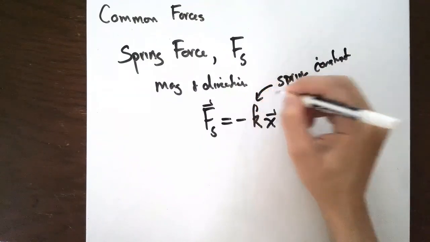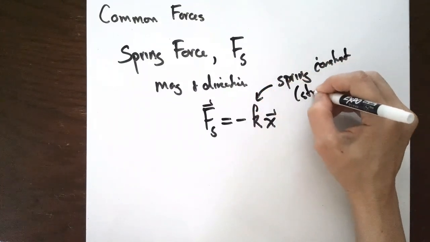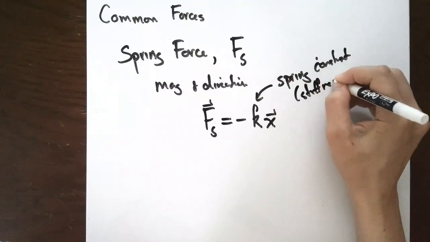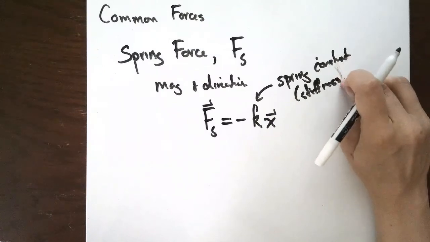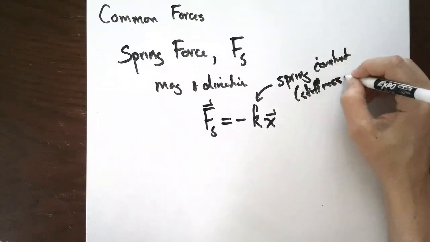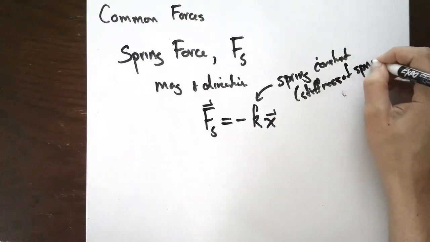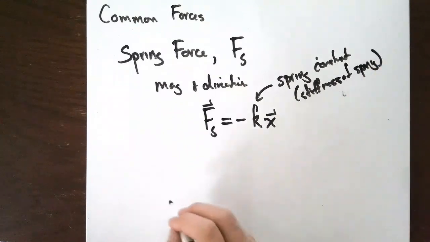So first of all, this is the spring constant. This k, it's a property of the spring. It's related to the stiffness, how hard it is to stretch. And I'll just put in the stiffness of spring there.